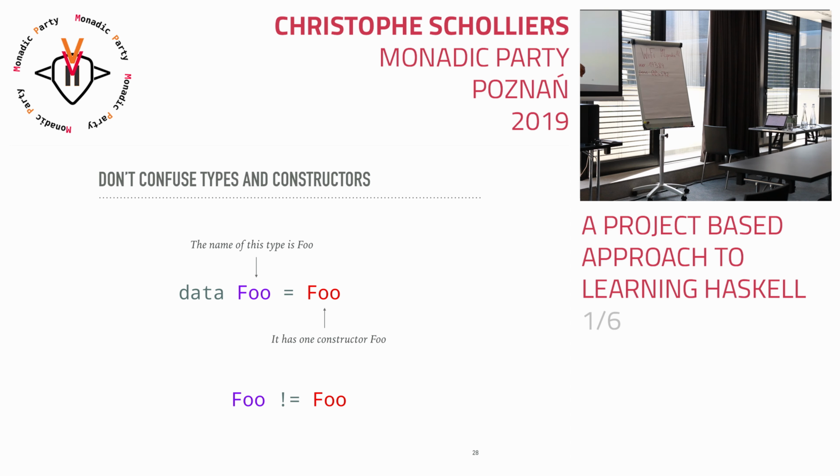I remember that this kind of pattern is used a lot in Haskell programs, and it's very confusing because this purple Foo is something completely different from this red Foo. This Foo is a type, and this one is a constructor for making something of type Foo.